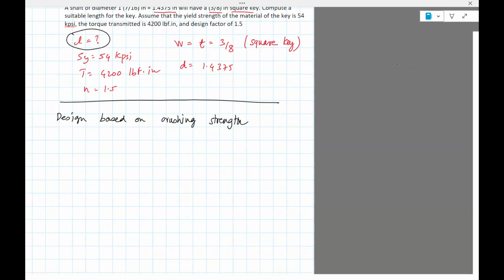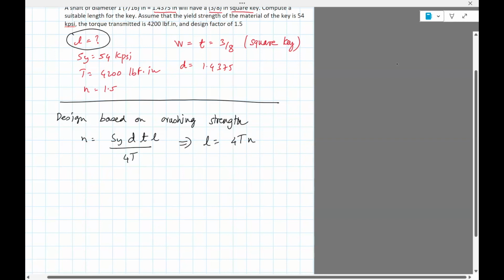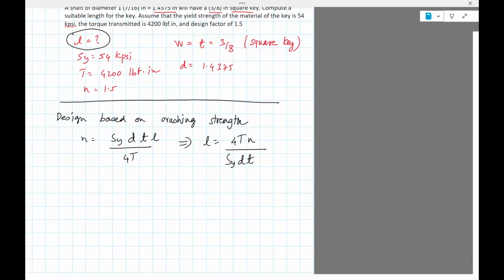So we have N equals Sy dTL divided by 4T. I just copied the formula which I derived earlier. We can solve for length. It is 4TN divided by Sy dt.